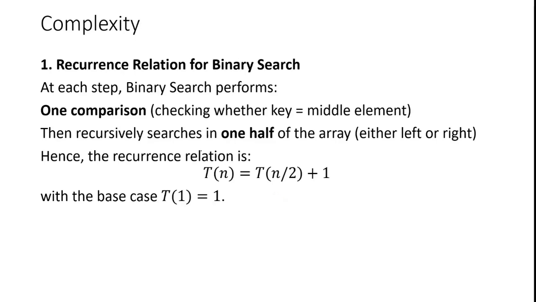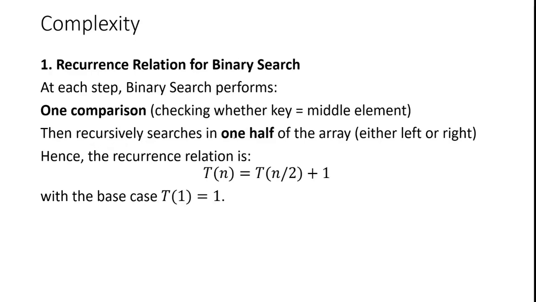This is the recurrence relation method for binary search. You can see it here. At each step, binary search performs one comparison. It checks whether the key is equal to the middle element or not. Key means number.